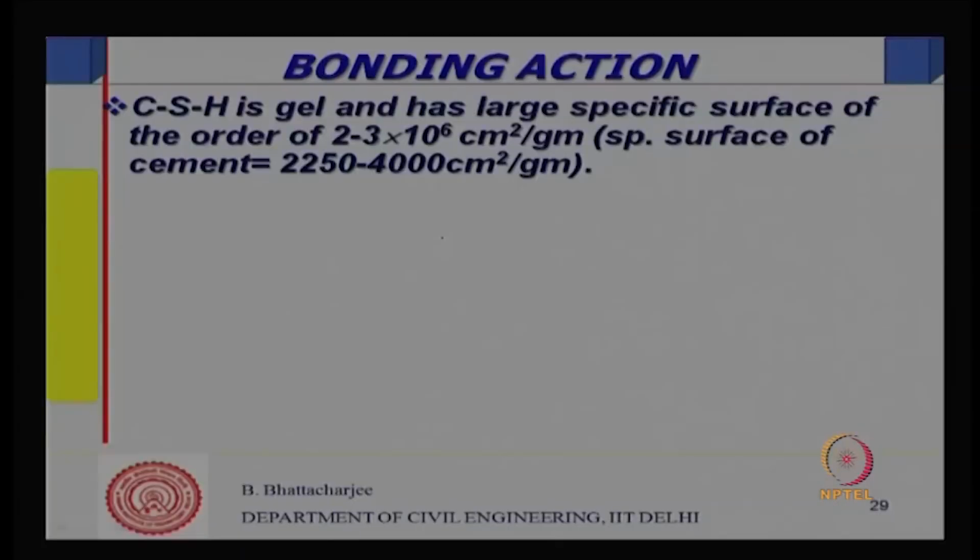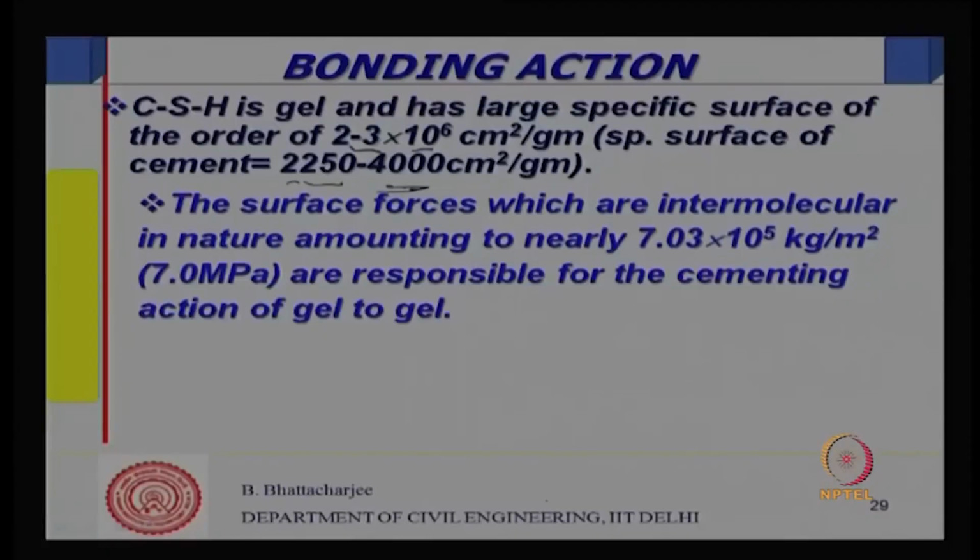and it is possibly about 1000 times more than that of cement, because it is 2 to 3 into 10 to the power 6 centimeter square, whereas for cement it is 2.2 into 10 to the power 3 to 4 into 10 to the power 3. So, this is 10 to the power 3, this is 10 to the power 6. So, the order is 1000 times. Therefore, particle sizes are colloidal, very small if you think in terms of particles.